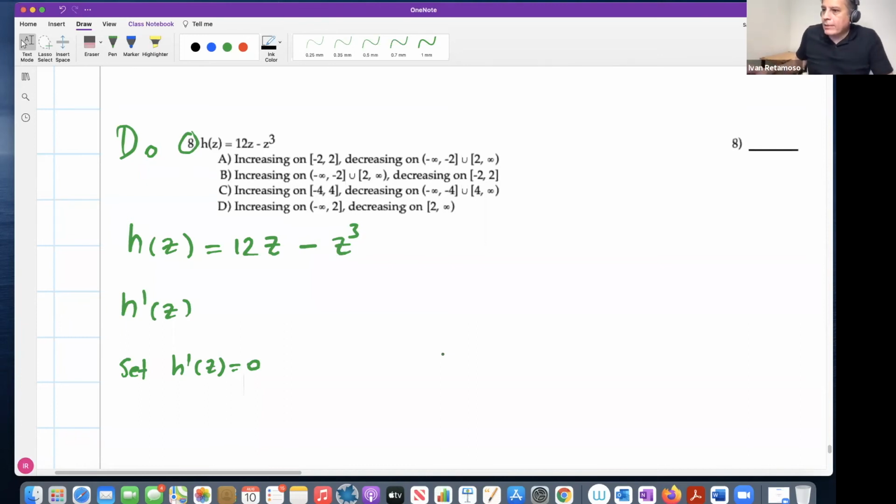And when you solve for the derivative equal to 0, you could factor, but sometimes it is better to isolate the variable. I will show you when we go over this.